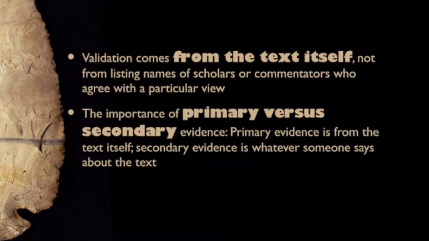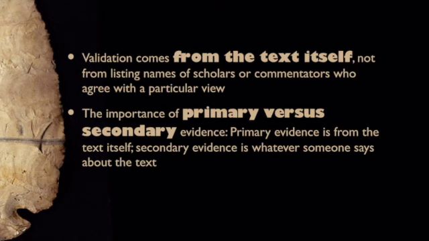And then also it comes from the text. And so what we're looking at when we do validation is we're looking for observations or evidence that comes from the text itself. We're not just listing names of scholars or commentators who agree with a particular view. And so if you were to solve a problem for me and you were to say, well, most commentators take this view, that's not really the evidence that we're looking for.